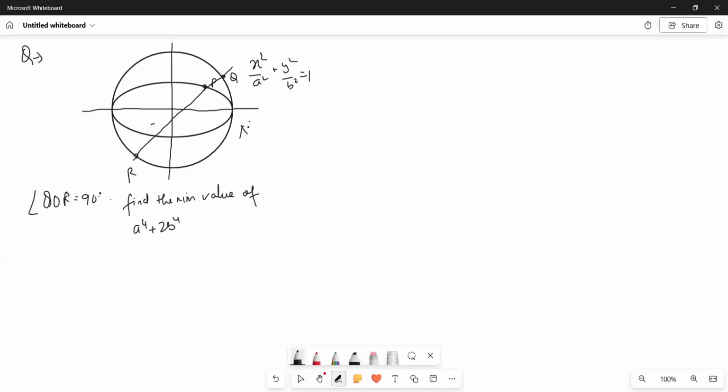Normal at P cuts the auxiliary circle at Q and R such that angle QOR is 90 degrees, O being the center of the ellipse. Then find the minimum value of a power 4 plus 2b power 4.